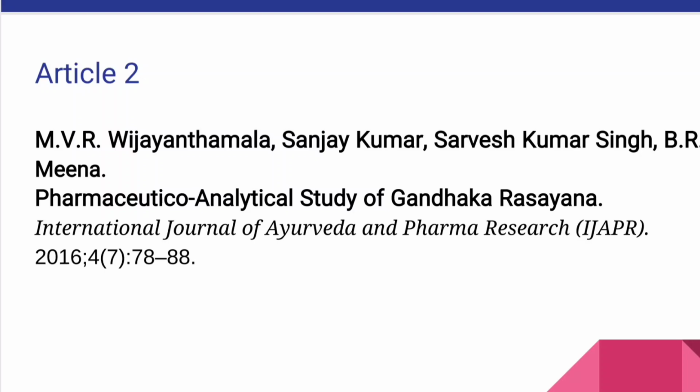Then fifth analytical finding, water soluble ash, was found to be 1.22%. This shows how much ash is soluble in water. It indicates presence of water soluble mineral content. This helps assess purity, soluble inorganic fraction, and standard quality of the formulation. Low and controlled value indicates proper standardization.